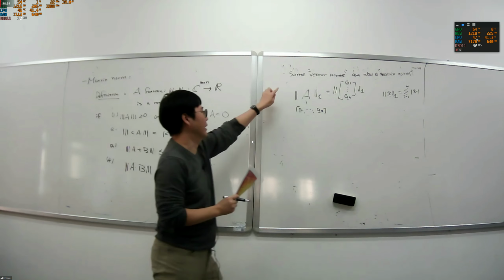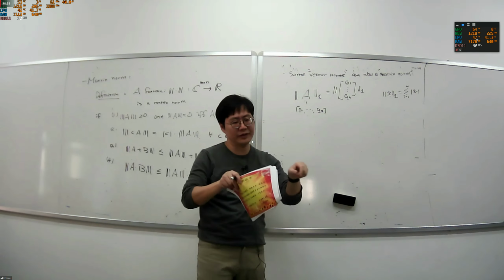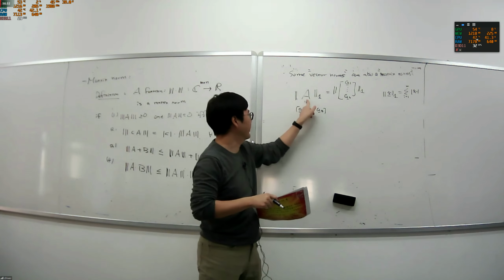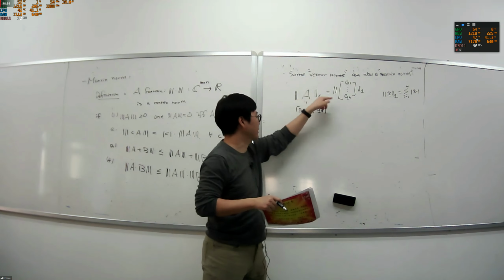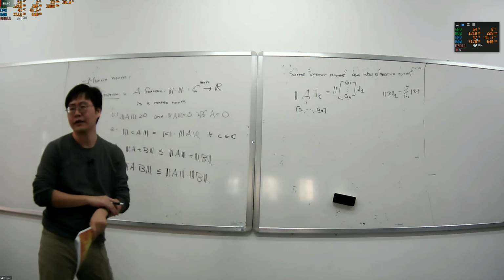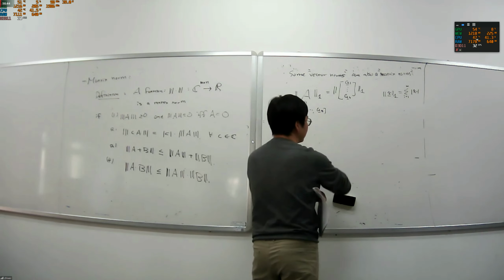So if we apply a vector norm to a matrix, it means that you treat the matrix as a vector. You stack its columns into a long vector, and you apply your vector norm to that vector.